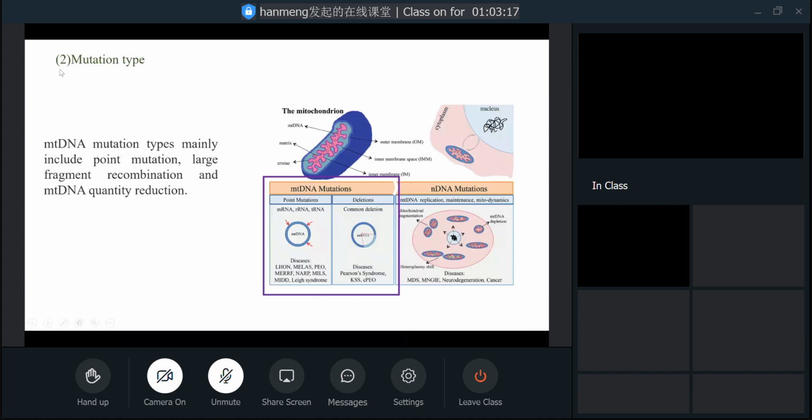And the mutation type of the mitochondrial DNA, because in the nuclear gene mutation, it has a dynamic mutation and stable mutation. And the stable mutation has point mutation, fragment mutation, frame shift mutation.